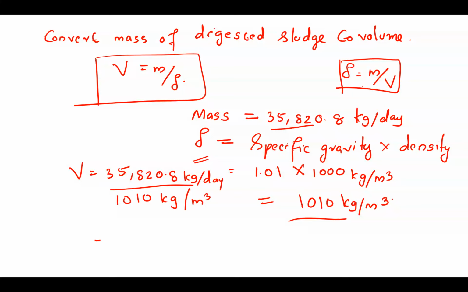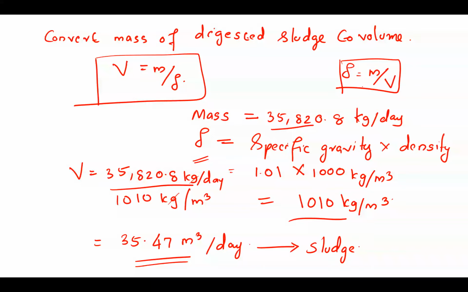Dividing this, we get 35.47 meter cube per day. So this is the sludge volume accumulation rate.